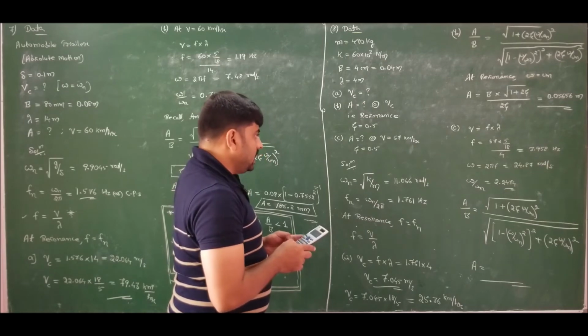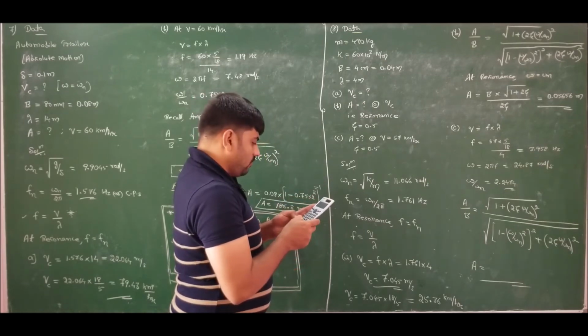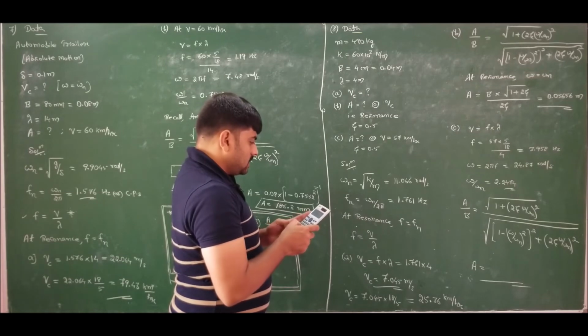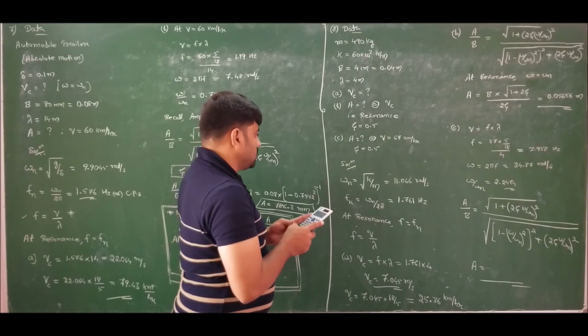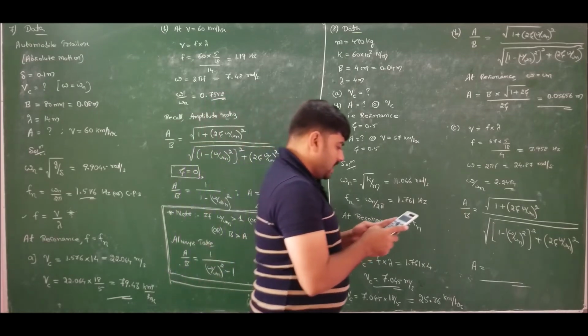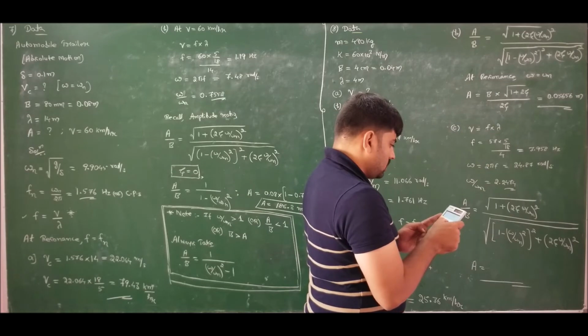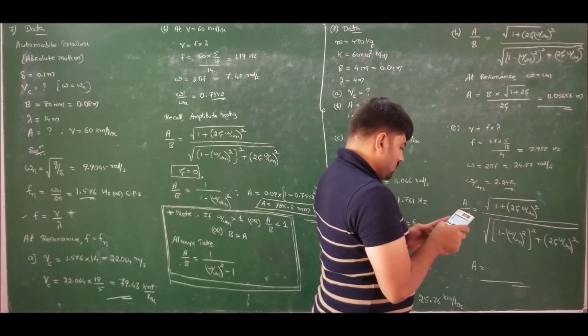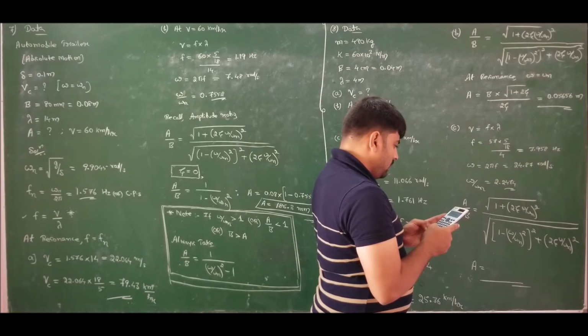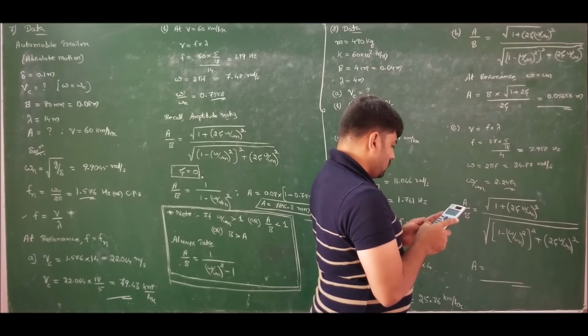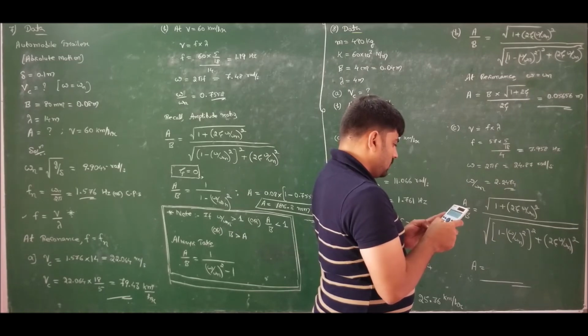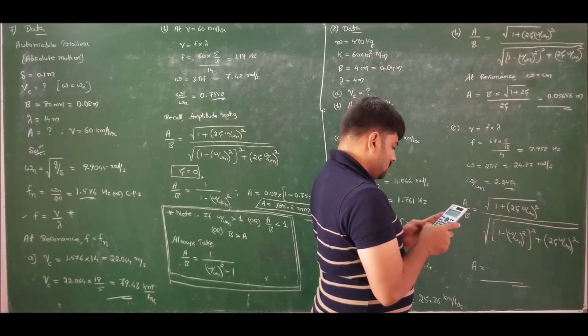It is B into, B is how much? 0.04 into root of 1 plus 2 into zeta, which is 0.5, into omega by omega n, which is 2.2474, square, divided by root of 1 minus 2.2474 square whole square plus 2 into zeta, 0.5, into ratio 2.2474 whole square.